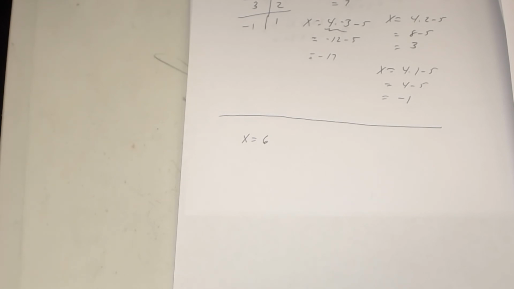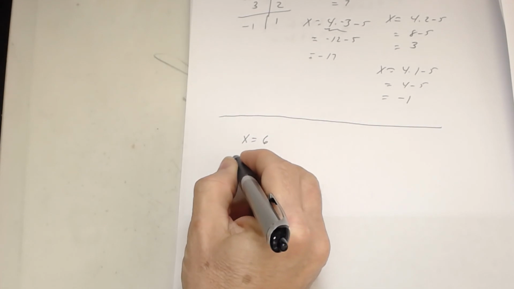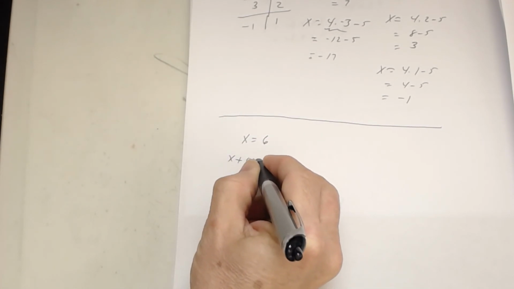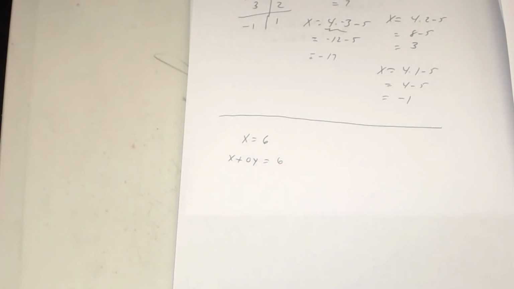You don't see the other variable y, but we talked about the fact that I can rewrite this as x plus 0y equals 6, because 0 times y is 0, and x plus 0 is still x. So this is still linear.